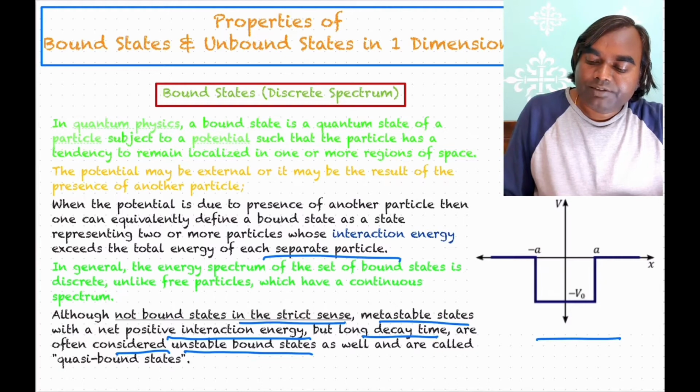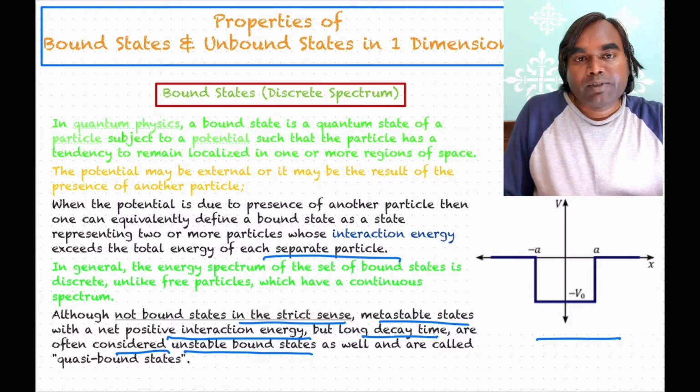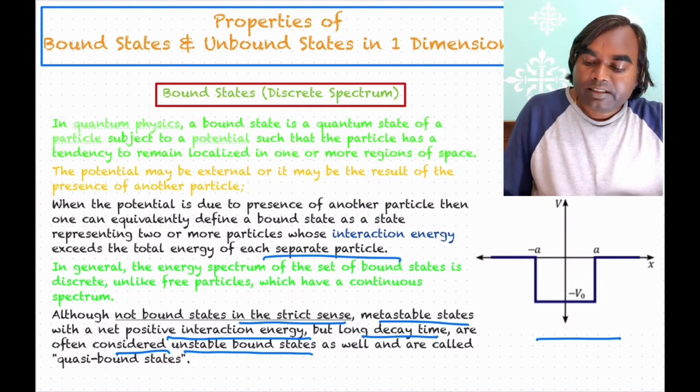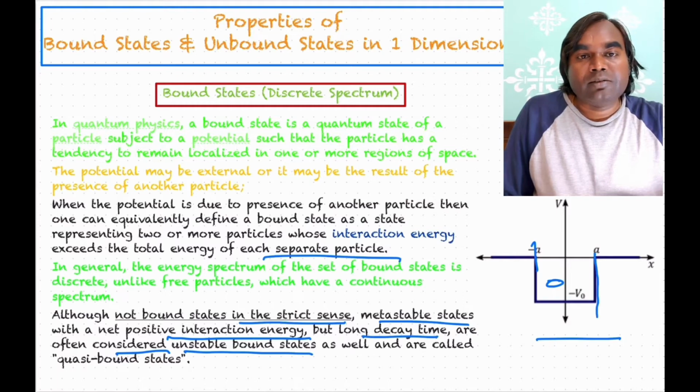Here you can see in the figure a symmetric potential well. If the particle is inside this well, it will be confined within the well, and there is a classical turning point at each end. The particle is unable to escape from the potential well if the energy of the particle is less than or equal to the depth of the potential well.